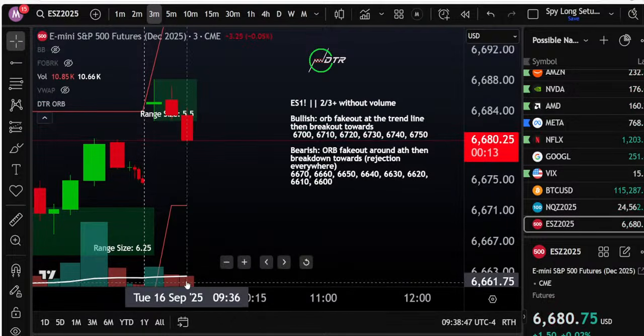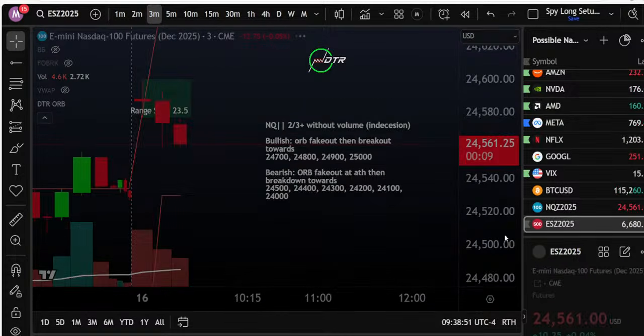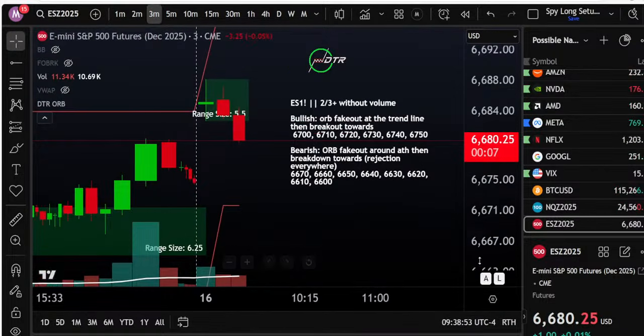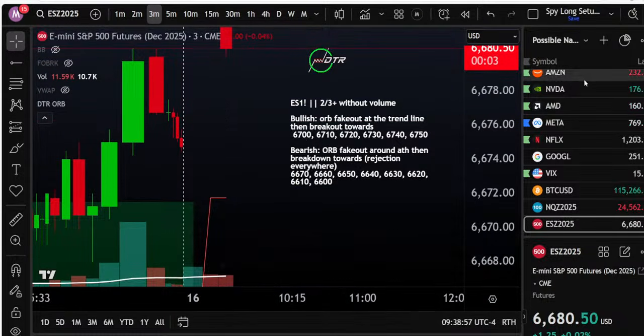Maybe we can get increasing volume here. It seems probably a little bit unlikely. It looks like it'll be a close, but no cigar.